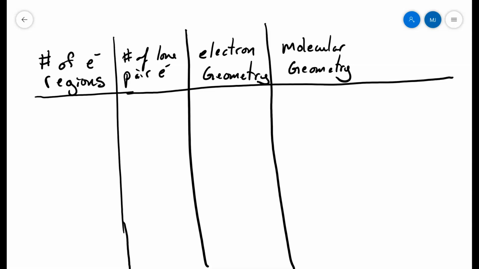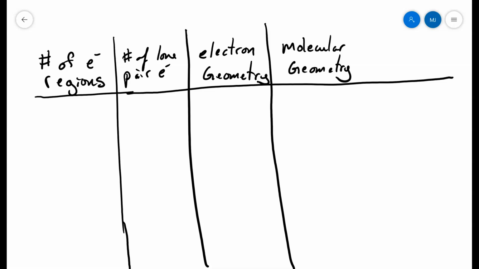That can be different than where the electrons are because of non-bonding electrons. Those pairs that just sit on the central atom are not bonded to another atom, but they do repel the single bonds. They repel the double bonds. So that's why the electron geometry can be different than the molecular geometry.